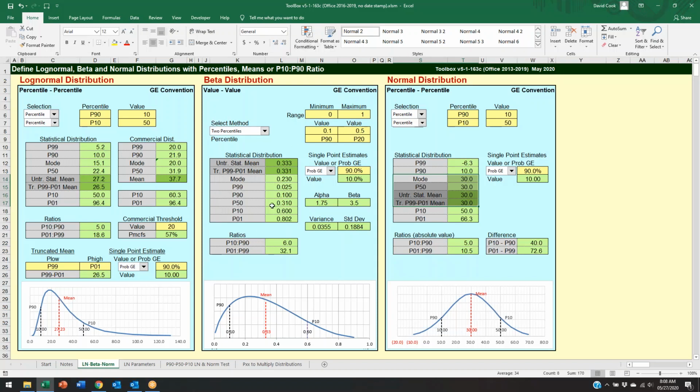The beta distribution, remember, right now its mode is toward the low end, just as is the log normal distribution, with the mode on the normal being symmetric. But based upon the input values that you put in, you of course will change the shape of the distribution.